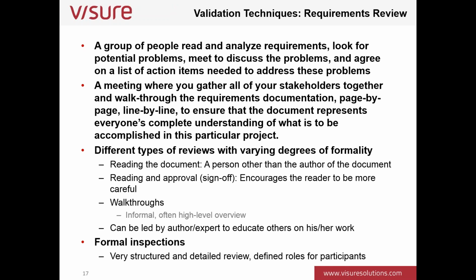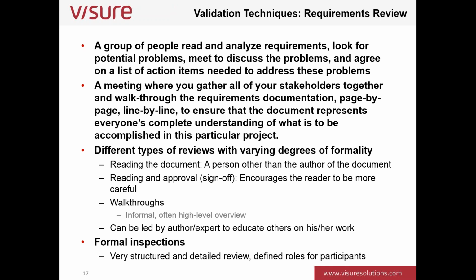Of course, there are different types of reviews depending on the degree of formality. We can just read the document, or have a person different than the author of the document do it, like peer reviews, for example. Another one could be reading and approval, because there will be a signature on the document.